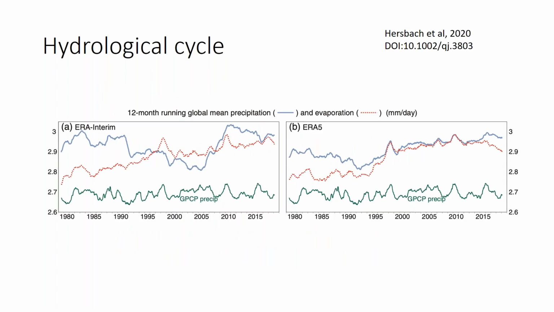Again, precipitation rates, but now just for ERA Interim and ERA 5. If you look at the left plot, notice that the scale here is much finer, so the differences are amplified so that we can see what's going on, but they are actually not that large. But in the blue curve for ERA Interim, you do see this dip in the early 90s, and then an upward shift again around 2005 and 2010.